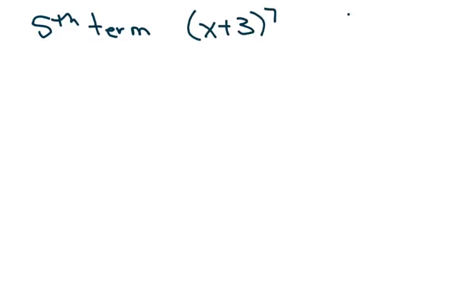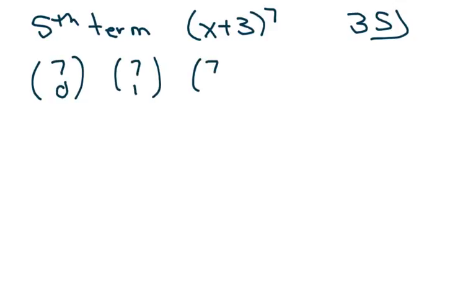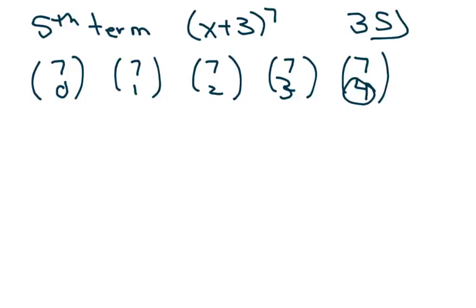This is your number 35 on page 869. So what I'm going to do is write out 5 of these: 1, 2, 3, 4, 5. This number is always going to be 1 less than the 5th term. So that's what I'm going to write.